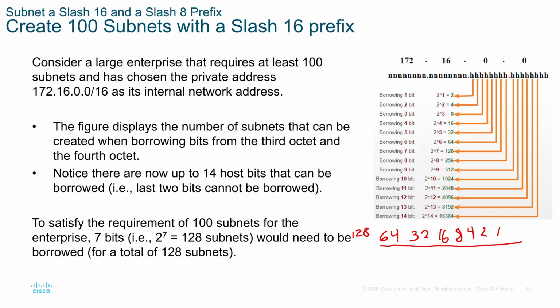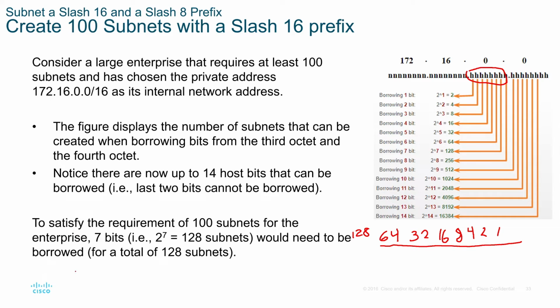So if I wanted at least 100, if these were my host bits as indicated, I would take 7 from the left and designate those as my subnets.